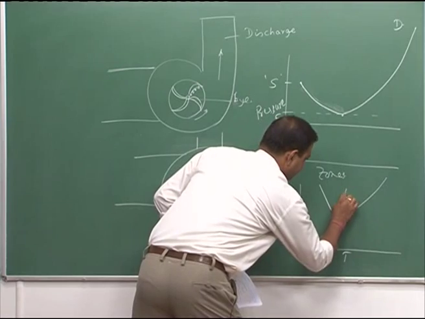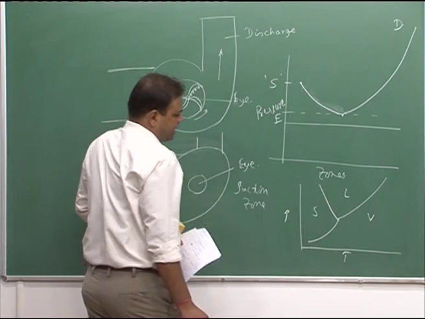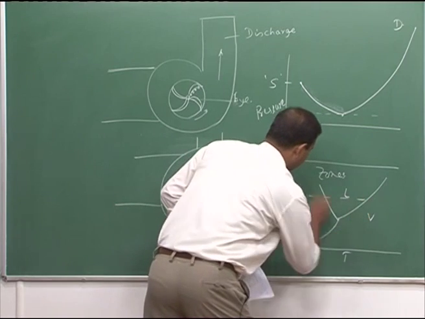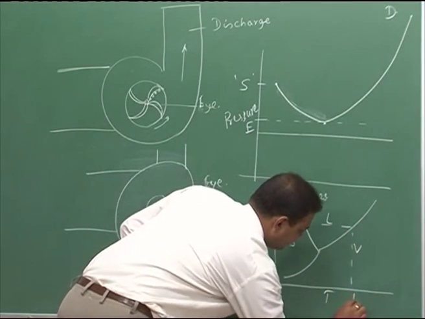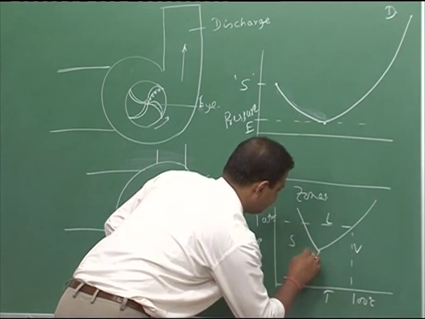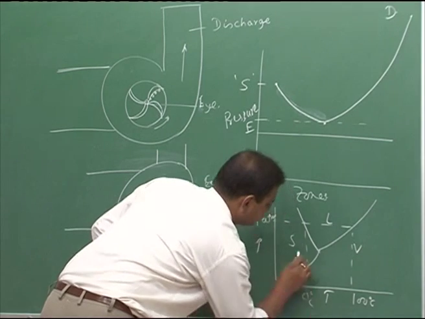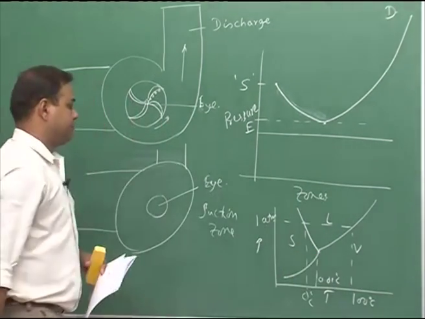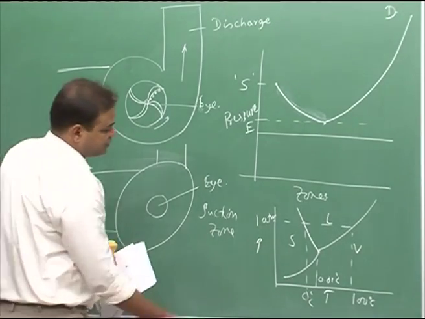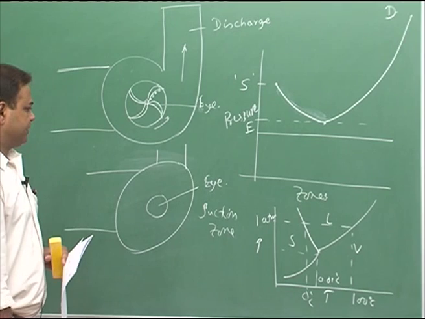This is liquid, this is vapor, this is solid, and this is 1 atmosphere. This is 100 degrees Celsius, this is 0 degrees Celsius, and this is 0.01 degrees Celsius, which is the triple point, and the corresponding pressure is 0.006 atmosphere.